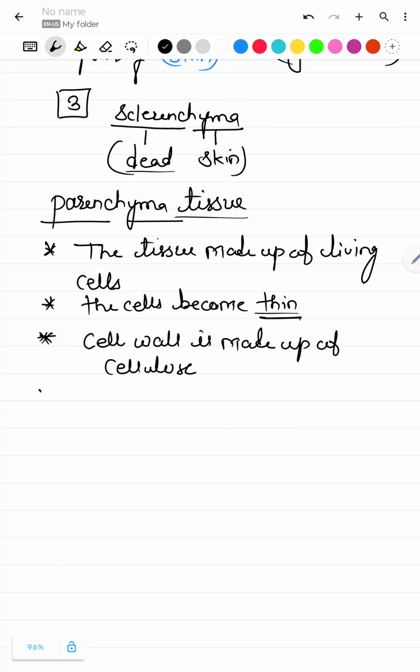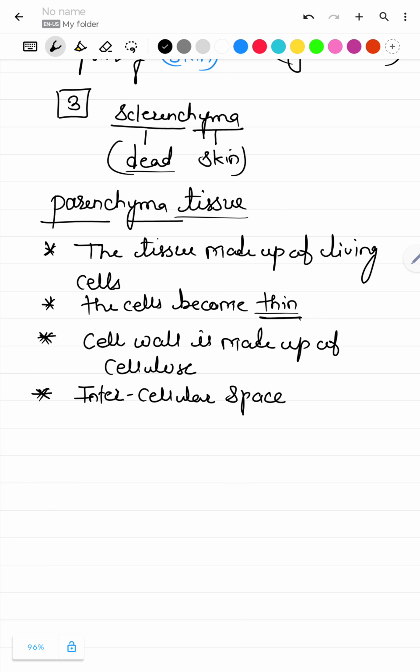And there is a large intercellular space. Okay, large intercellular space.